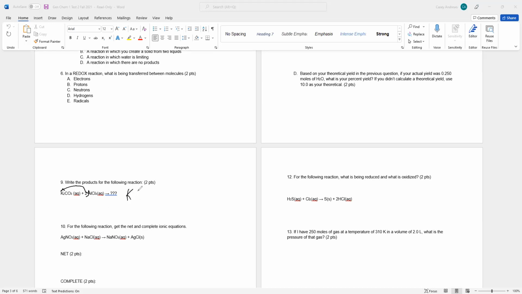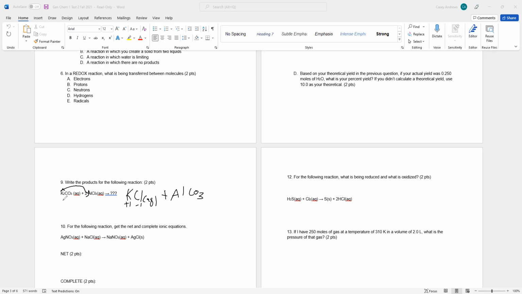So you make potassium chloride because potassium's +1, chlorine's -1. So it's a 1-to-1 ratio. Potassium with anything is always soluble, so that's aqueous. And you make aluminum carbonate. Okay, you have to figure out the ratio of this.